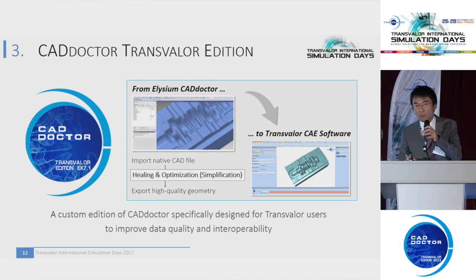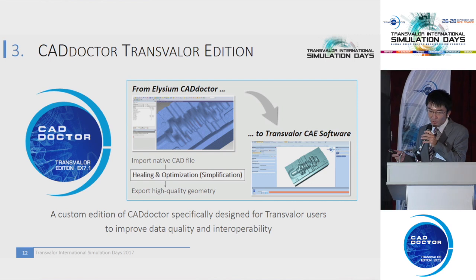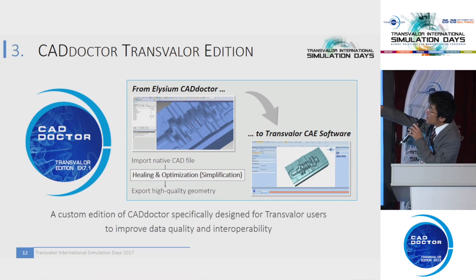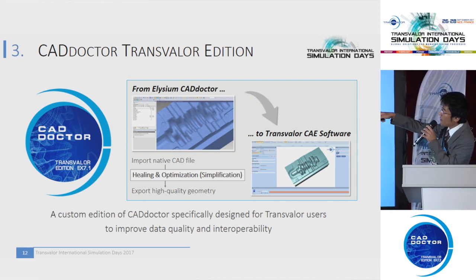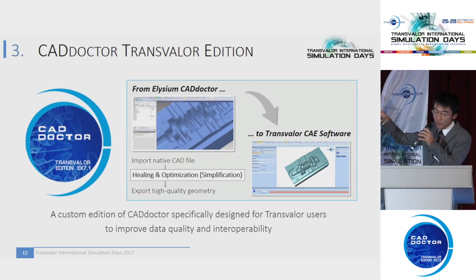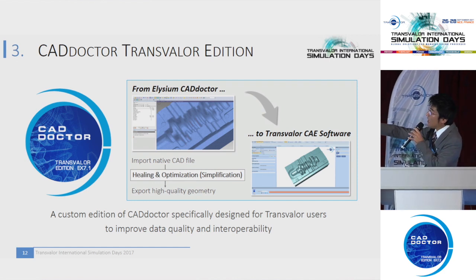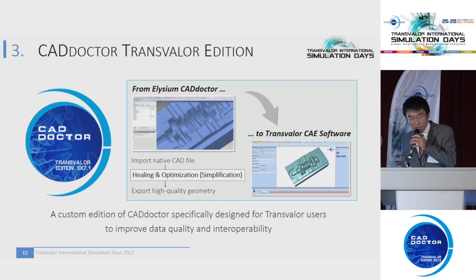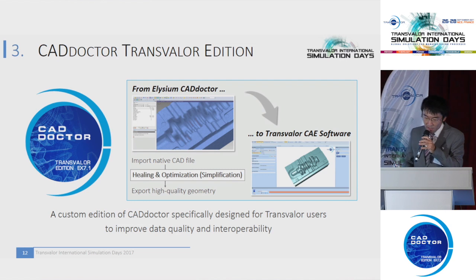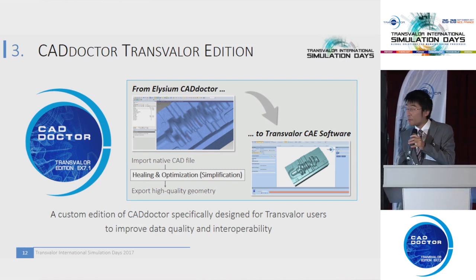It is only available for the Transvalor customers. And we are providing, for example, data importing capability and healing optimization, which means defeaturing or simplification. It's not the standard meaning of CAE optimization, actually. And it exports high-quality geometry for the Transvalor software. So I will show you in the next slides the range of the capabilities offered by CADdoctor Transvalor Edition.